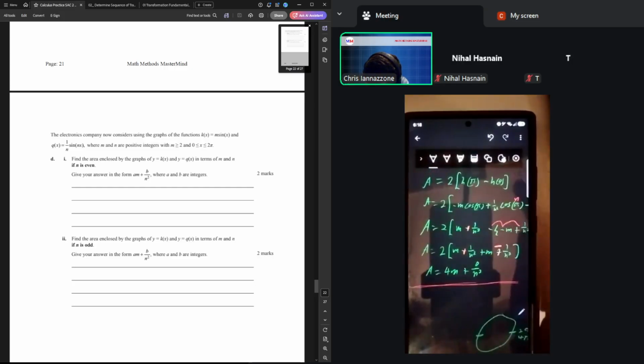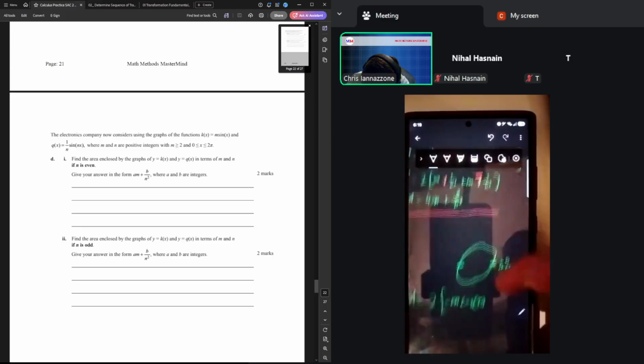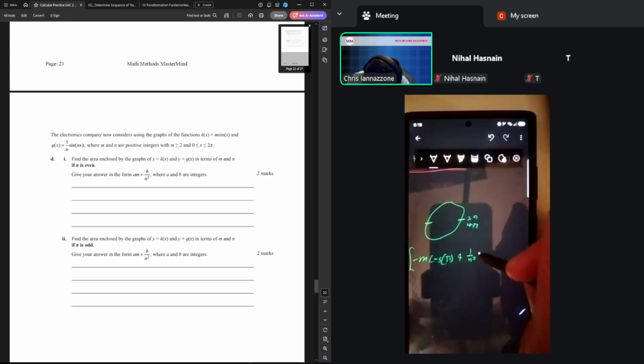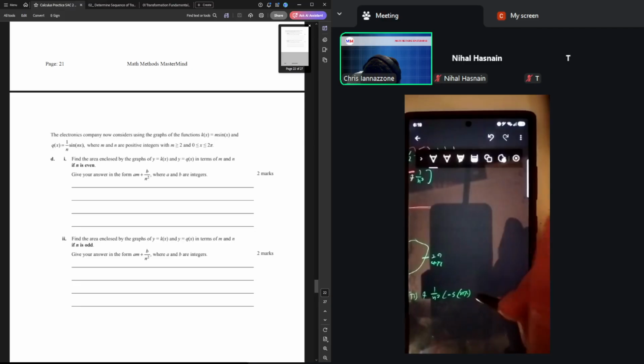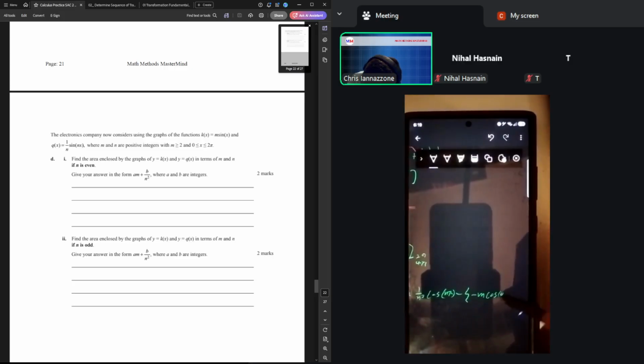A equals 2, bracket, so it's negative m cos pi, that's still going to be the same, negative m cos pi, plus 1 over n squared cos n pi, minus the 2, bracket, minus m cos 0 plus 1 over n squared cos n 0. Okay, now we actually have what we needed.